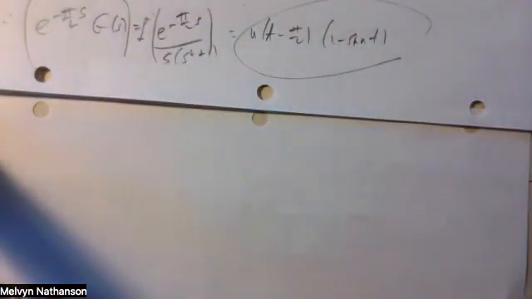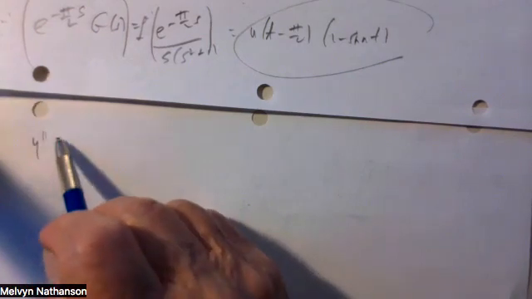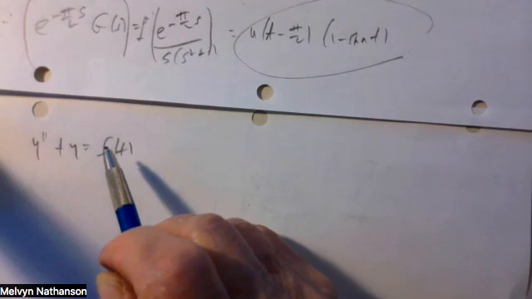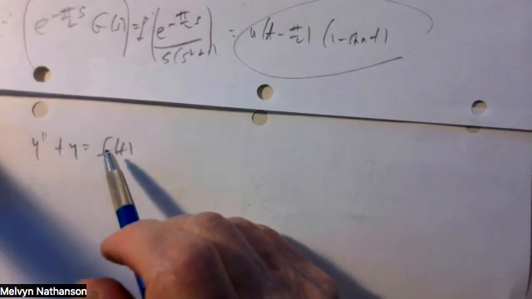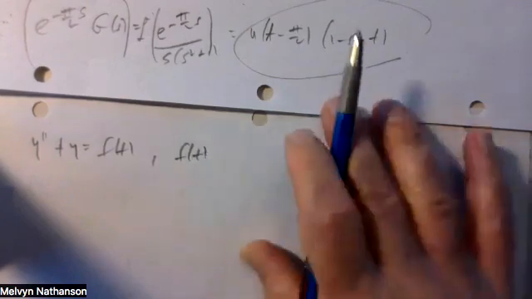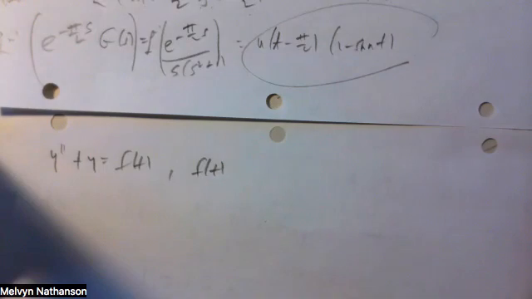So we had to solve the differential equation y double prime plus y equals f of t, where f of t was a function with a jump discontinuity.